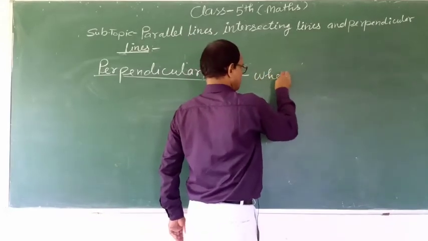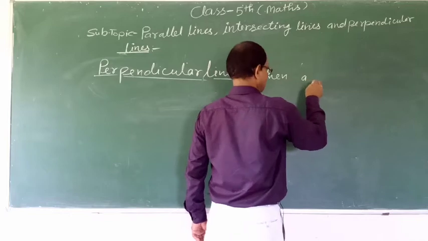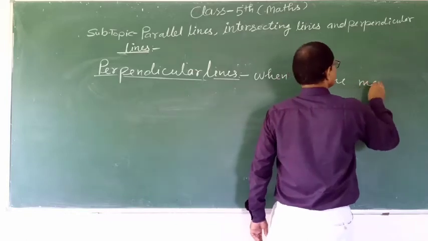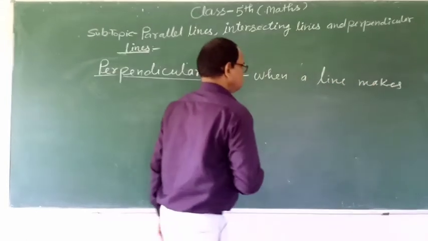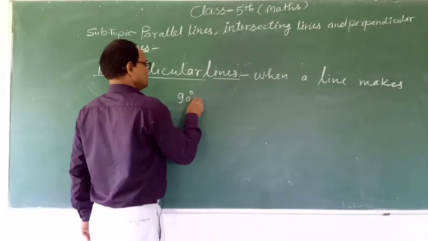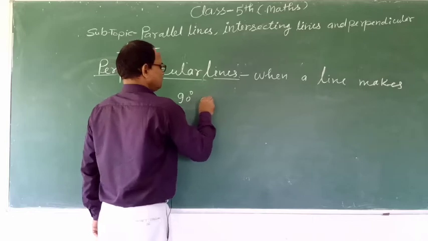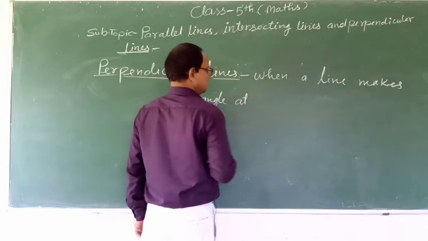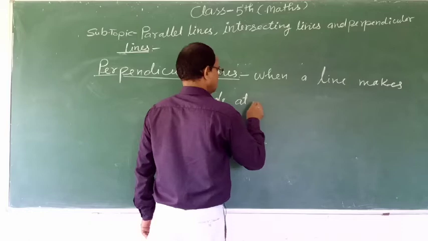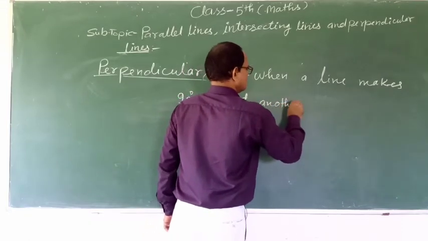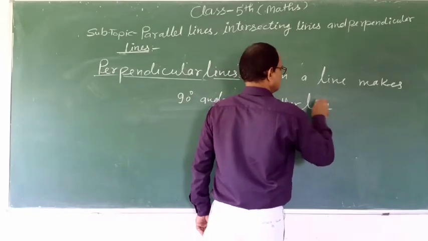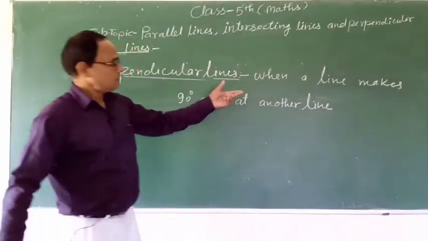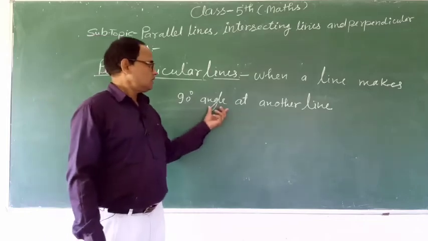When a line makes a 90-degree angle at another line, or when two lines intersect at 90 degrees.